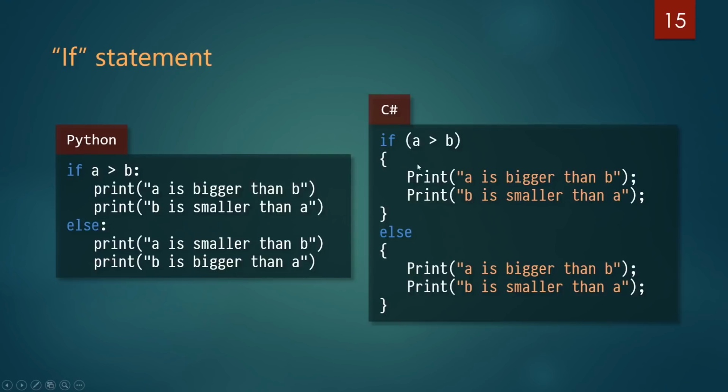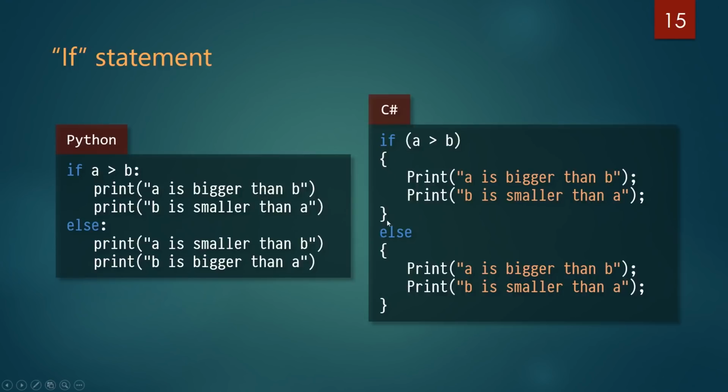But C# does not rely on indentation. So the indentation here is just to make it easy for us humans to read. If you don't have indentation here, C# still runs. C# purely relies on the semicolon to know where a statement ends, and the curly brackets to group a block of code together into one unit.